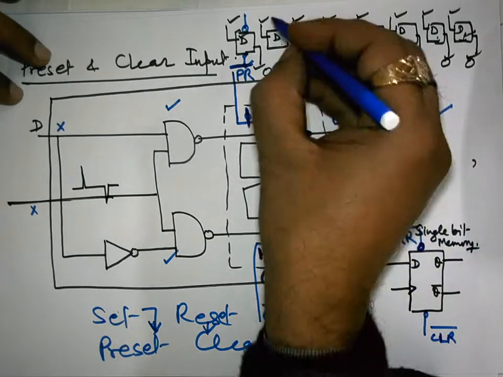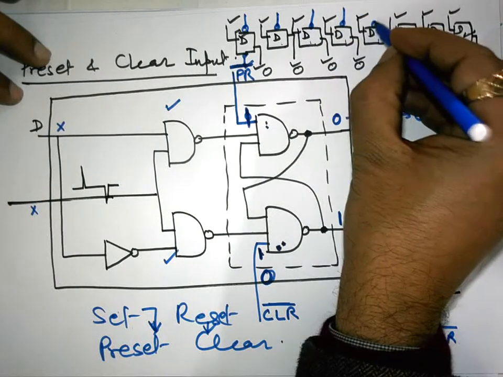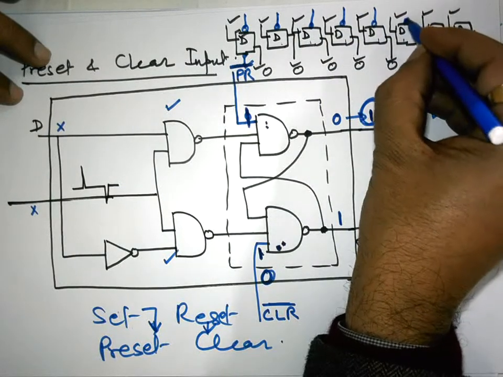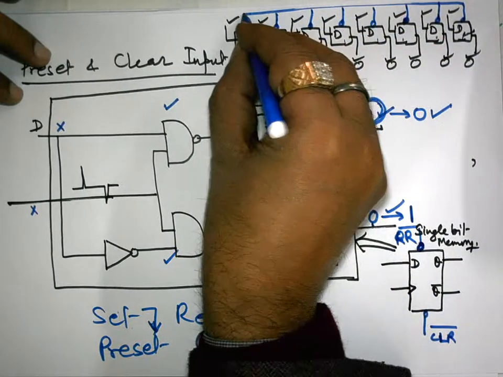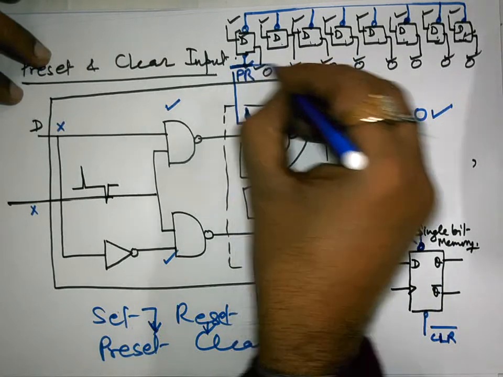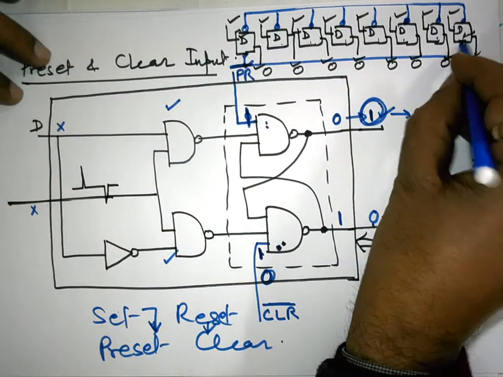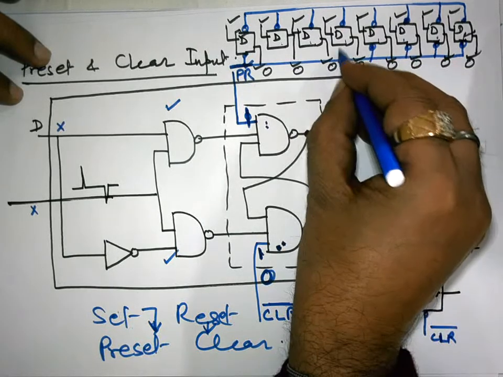Okay. And all the preset pins of all these D flip flops in 1 GB memory, 1 GB, 2 GB, whatever, they are tagged together, and the clear pins are also tagged together.